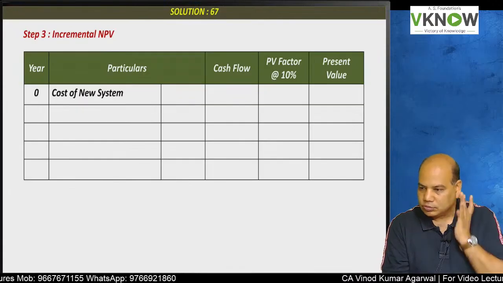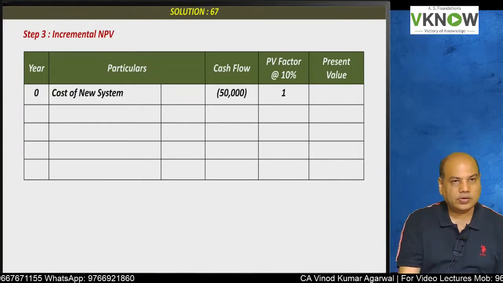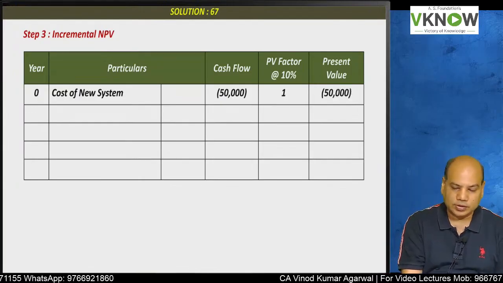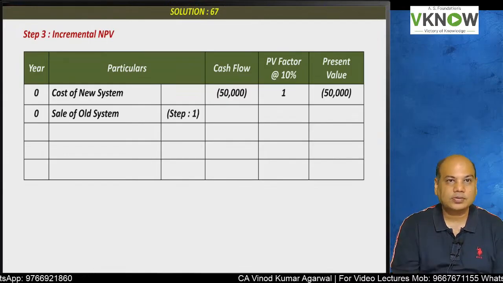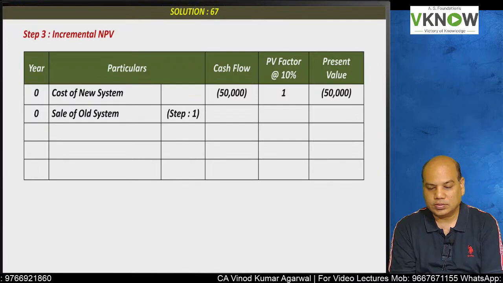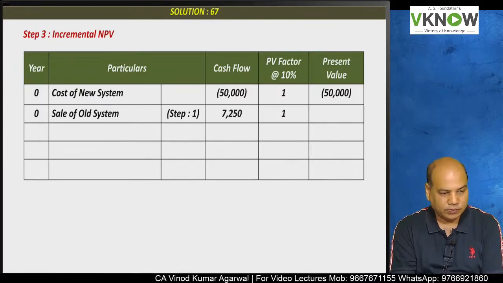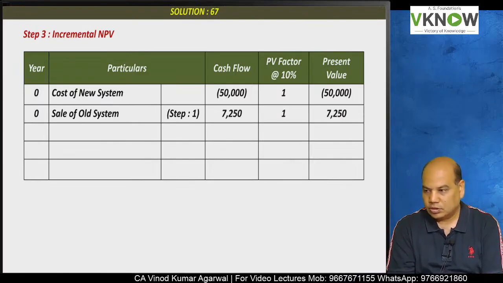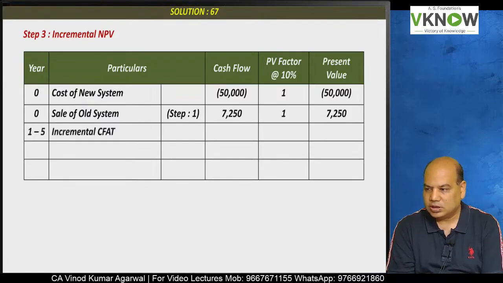Year 0, cost of the new system 50,000. Year 0, sale of old system including tax adjustment, step 1, 7,250. Then write down years 1-5 incremental CFAT.